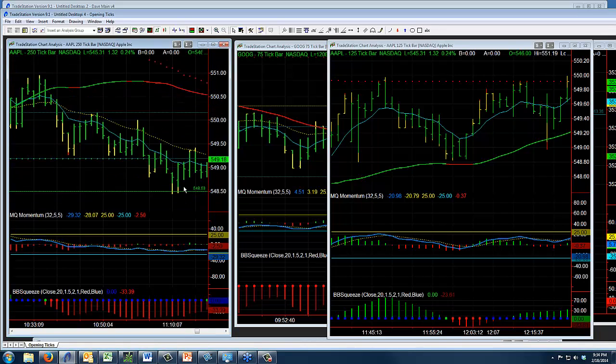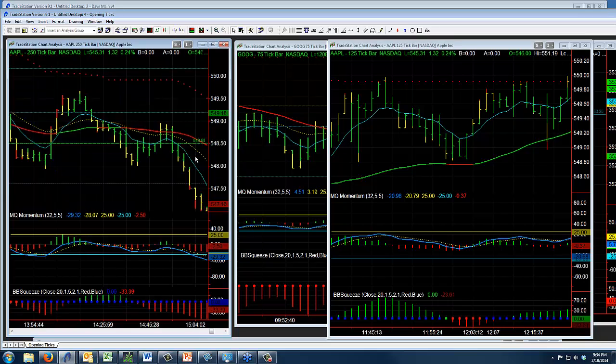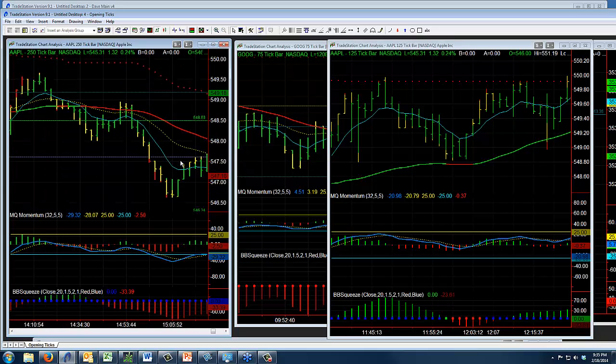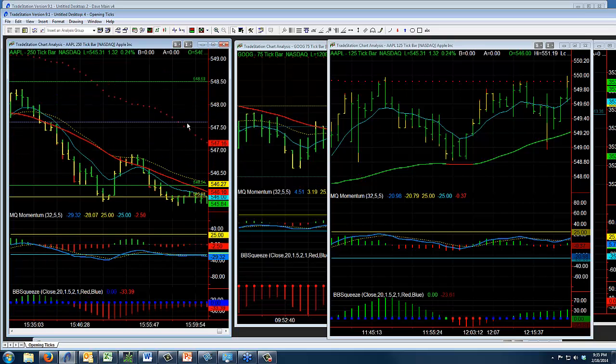And the thing about that is Thinkorswim doesn't care if you're trading the Qs or Apple. They're still going to charge you the same amount commission per contract.